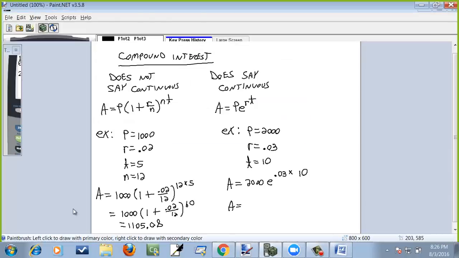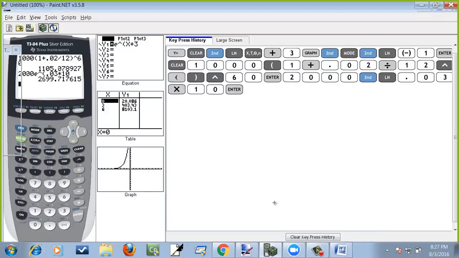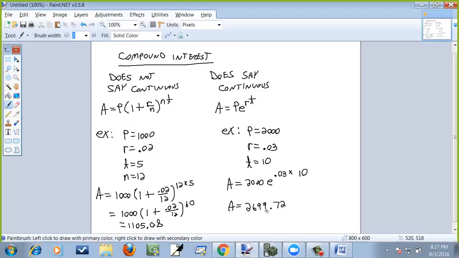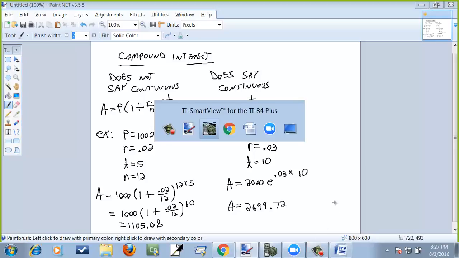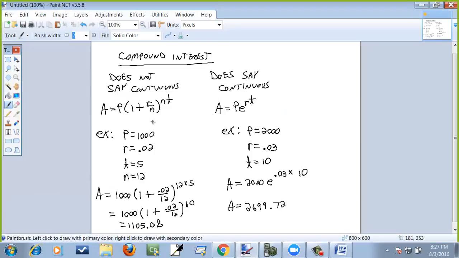And then that tells me we got 2,699 and 72 cents. Now that shows you two examples of figuring compound interest. And that actually encompasses both of these: use exponential functions, compute compound interest, and use exponential functions in applications. So let me clear this off, and we'll look at the next section.